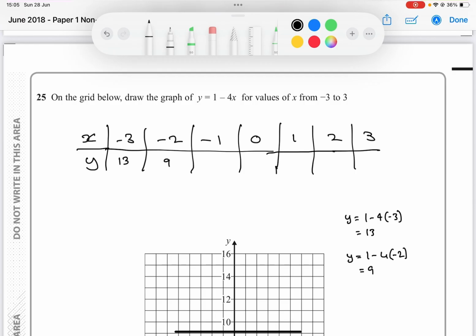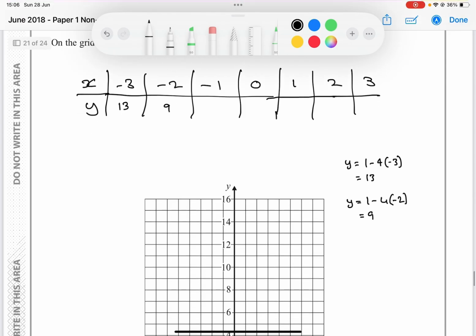You could probably skip through this, so I'm just going to quickly work this out. So that is 4, that'll be 5. That is 0, that will be 1. I'm going to do the rest on this side. That's minus 4. 1 minus 4 is minus 3.